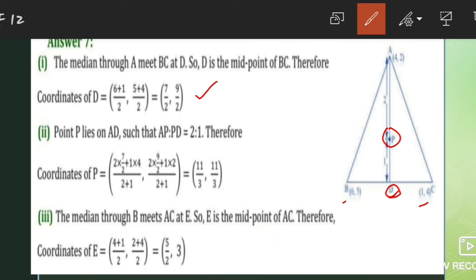The coordinate of A is given as 4, 2. You have evaluated the coordinate of D as 7/2, 9/2, and the ratio is 2:1. So by the section formula you can find the coordinate of P. The coordinate of P will be 11/3, 11/3. So this is the second part.